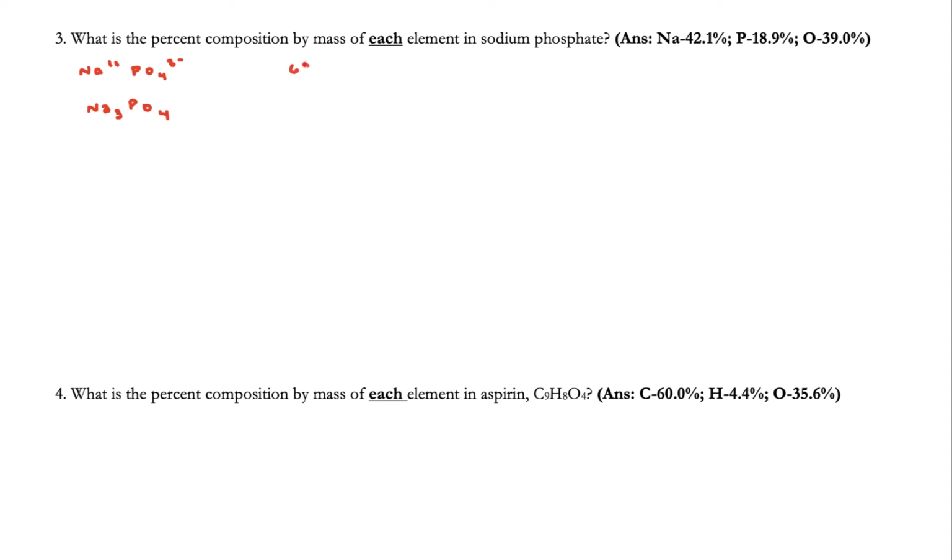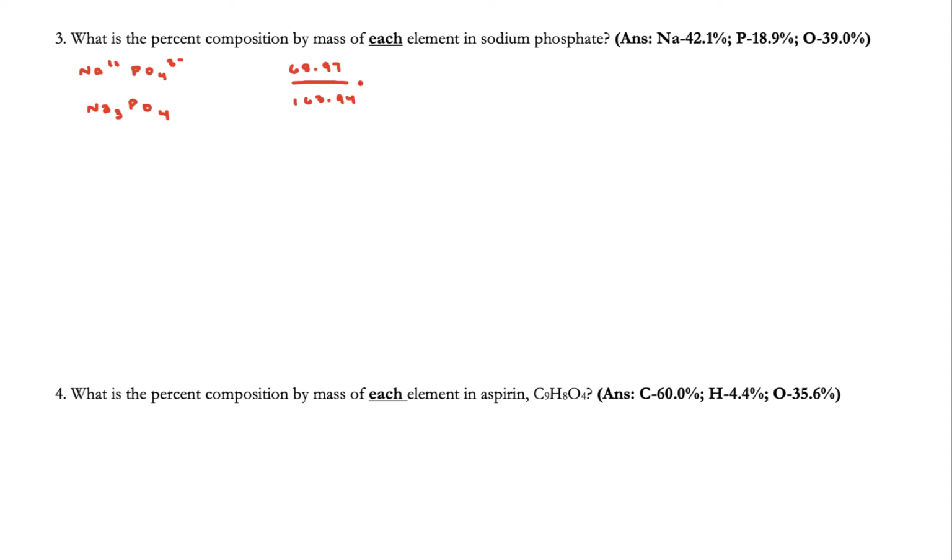I am now going to divide that by the total molar mass of the compound. I take that 68.97 and add to that the molar mass of phosphorus, which is 30.97, and then add the molar mass of oxygen, which is 16 times 4, and I get 163.94. That is the total molar mass of the compound.